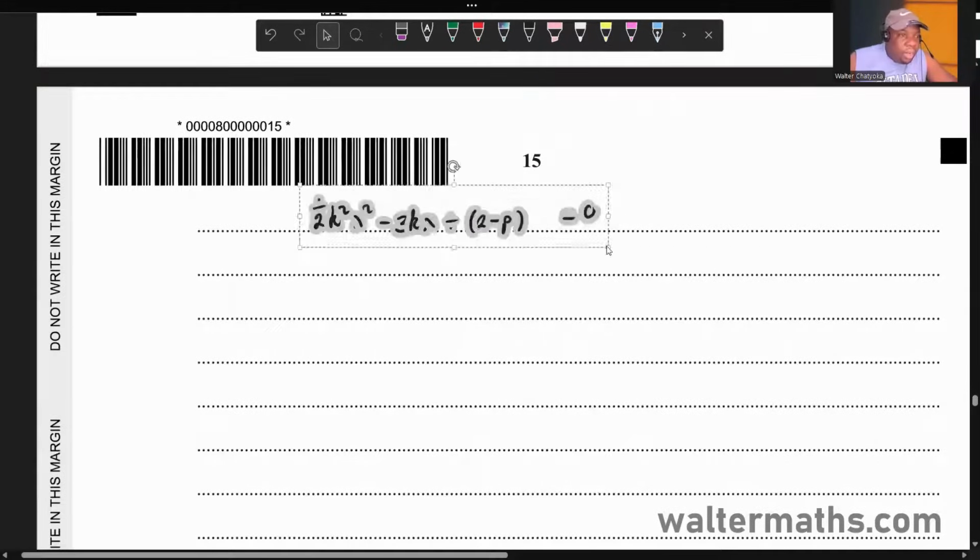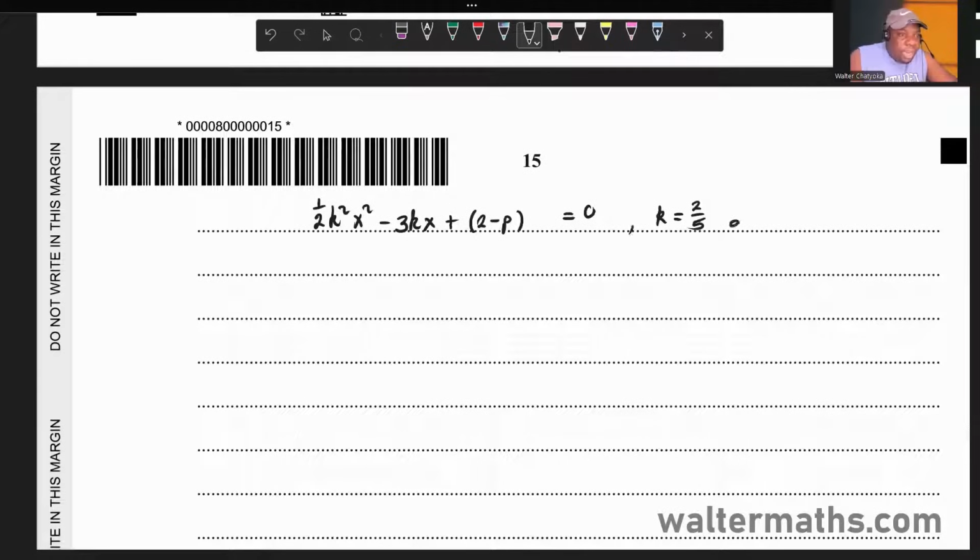And remember, we got k to be 2/5, and we also got p to be minus a half. So we have a half of k squared, which is 2/5 squared. So essentially that's 4/25 of x squared minus 3k. So that's 3/2 of x, and that's plus 2 minus p. So that's like 2 plus a half, basically.